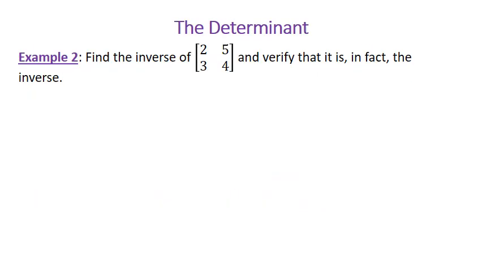So here we have a simple 2 by 2 matrix, and we want to find the inverse. So it also tells us to verify that it is the inverse. So let's go ahead and get started first by finding the inverse.